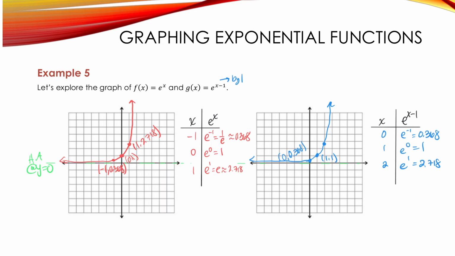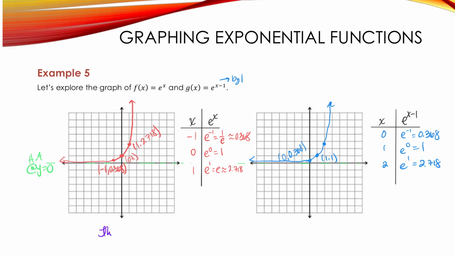Right? We still have that horizontal asymptote at y equals 0. All we did was shift right by 1. So what we can see here is this is a higher number. Well, not much. This is slightly higher than 2. And it increases faster than it did when a was 2.